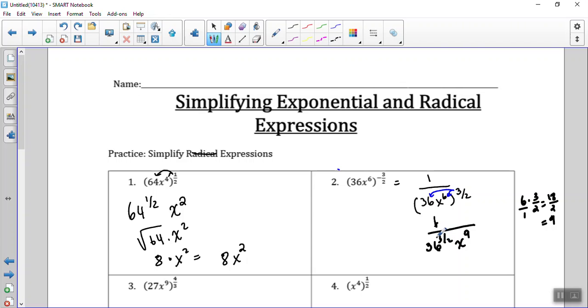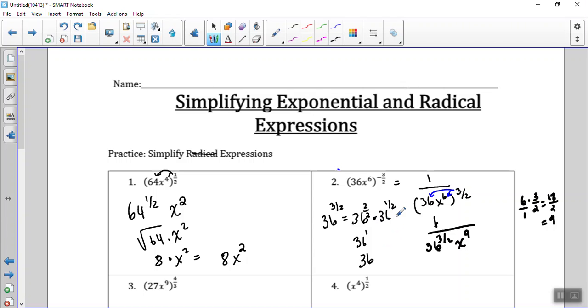Now if I look over here at 36 to the 3/2, the numerator is bigger, so I can rewrite it to look like this: 36 to the 2/2 times 36 to the 1/2. 36 to the 2/2 is just 36 to the first power, which is equal to 36.